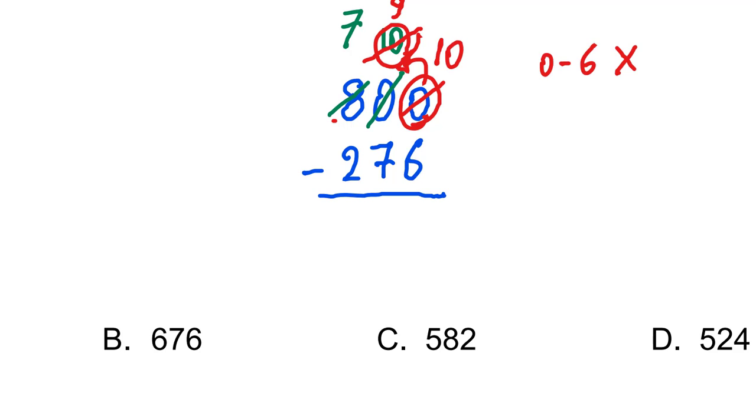Do not forget, my heroes, when you borrow, do not forget to cancel the digit. So cancel the 0 and write 10. And here cancel the 10 and write 9. And go ahead, 10 minus 6 equals 4. 9 minus 7 equals 2. And 7 minus 2 equals 5. Okay, any problems, any questions about subtraction?